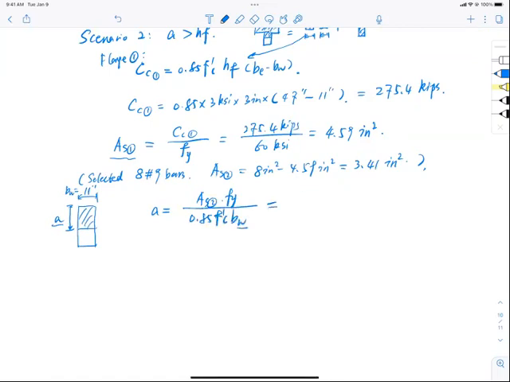You bring the number 3.41 inch squared multiplied by FY 60 KSI divided by 0.85 F prime C 3 KSI and multiplied by BW that is 11 inch. All right, and A equal to 7.29 inch.